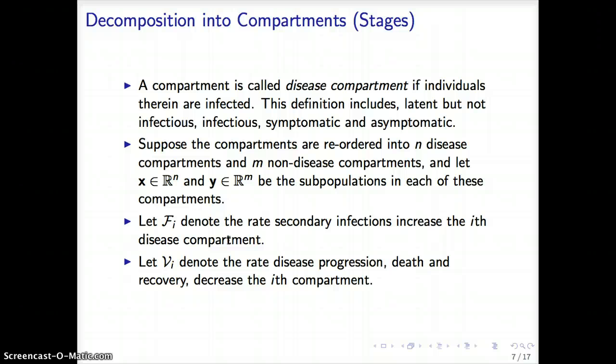We just mentioned that we have births as arrivals and deaths as departures, right? So when we are able to separate and decompose the mathematical model into disease compartments, what we'd like to keep track of for this variable x is a notion of arrivals and departures.